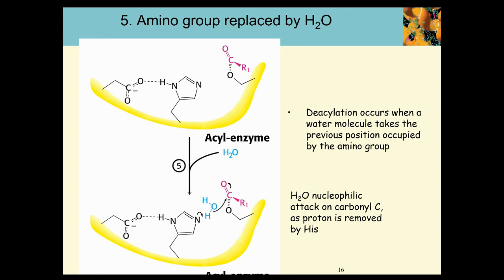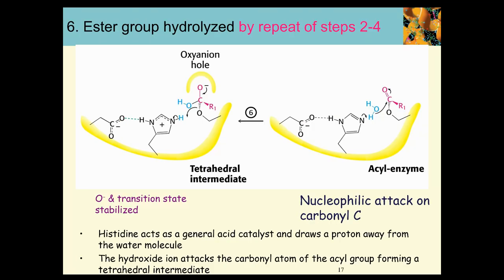So water is going to come in, and it's going to do a nucleophilic attack on the carbonyl group. So it has its lone pairs. It's going to attack it. Okay, and we're going to form once again another tetrahedral intermediate.